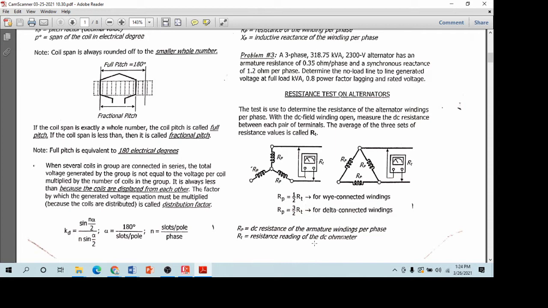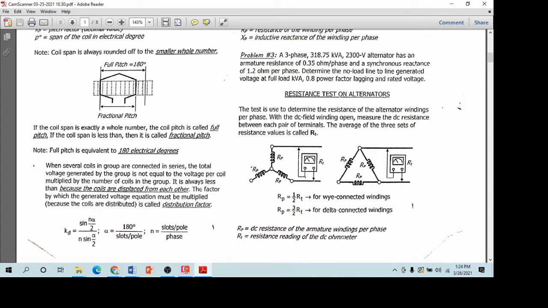With the field winding, or the DC field winding, open, measure the DC resistance between each pair of terminals. The average of the three sets of resistance values is called RT.